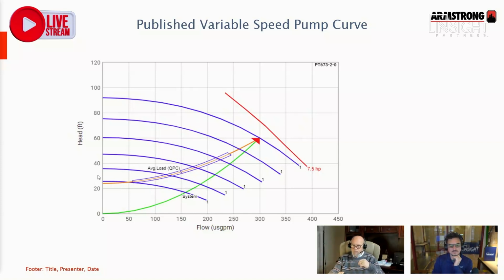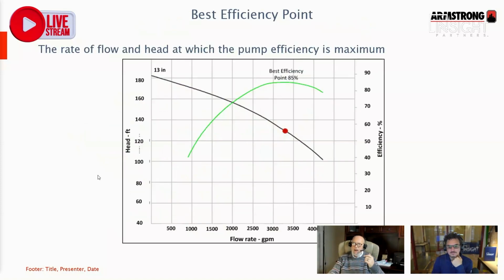The next thing we have to look at is the best efficiency point of a pump. ASHRAE says I really want to operate my pump between 85 and 125% of the best efficiency point. I'll show you a slide in a minute as to what that number really means.